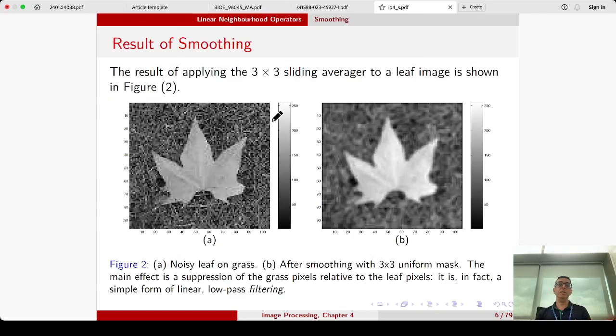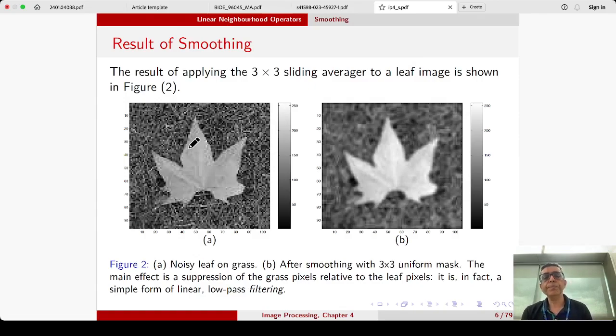Okay, so this is what that looks like. If we take our leaf on grass image, which we've seen before, and we run a 3x3 sliding averager over it, then this is the result we get. Now look carefully at the relationship between this image and this image, just to understand what effects you get here.